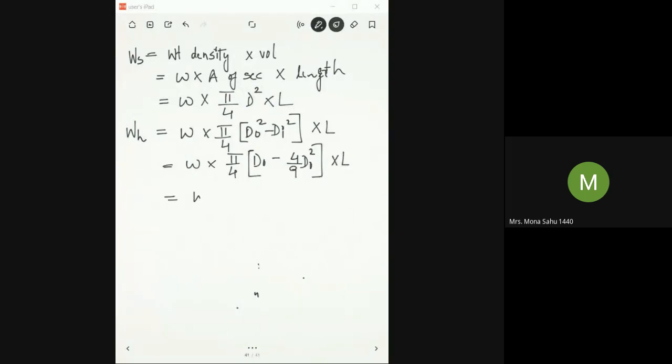We need to find the relationship between the weight of the solid shaft and the weight of the hollow shaft, so I'm going to divide both of them and get the ratio. Substitute all this.